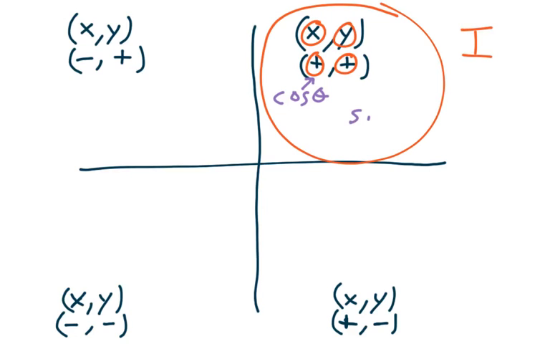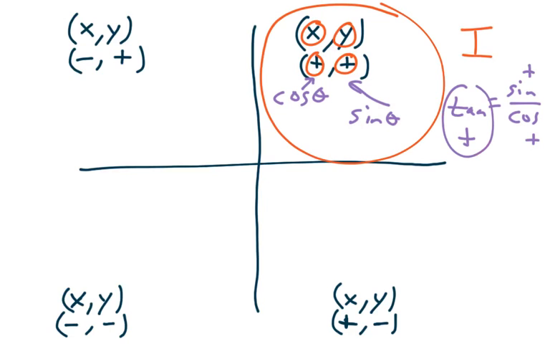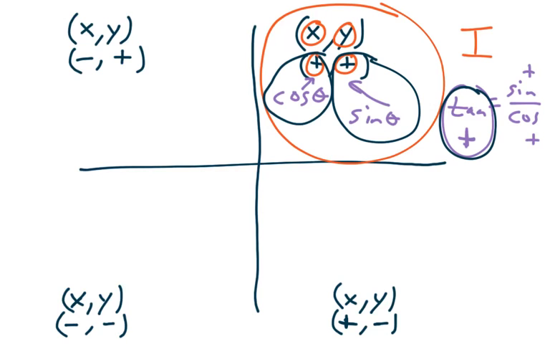And remember, y goes with sine of theta. That's going to be positive. And finally, because tangent is always sine divided by cosine, a positive divided by a positive value means tangent is also positive. So long story short, in the first quadrant, cosine is always positive, sine is always positive, tangent's always positive, right?